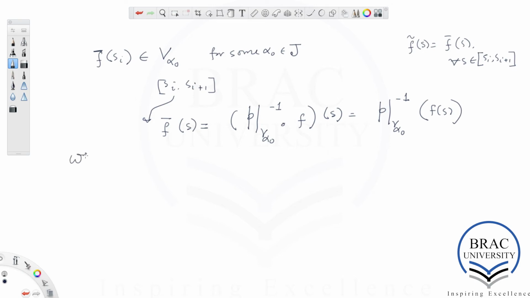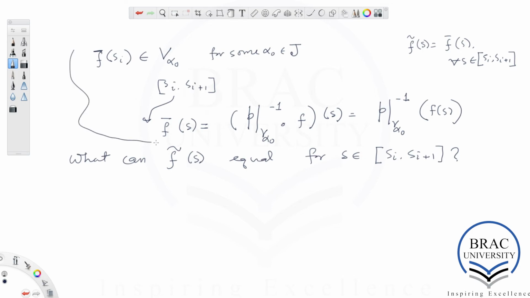Now the question is, what can F tilde of s equal for s belonging to this subinterval? So this is the question.